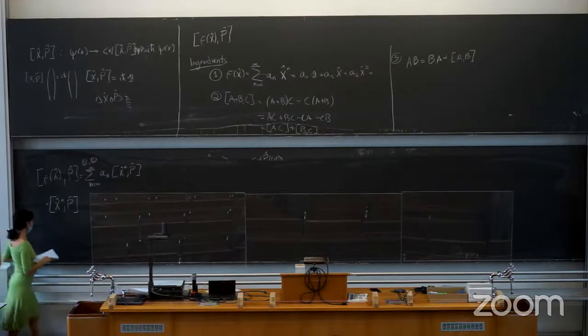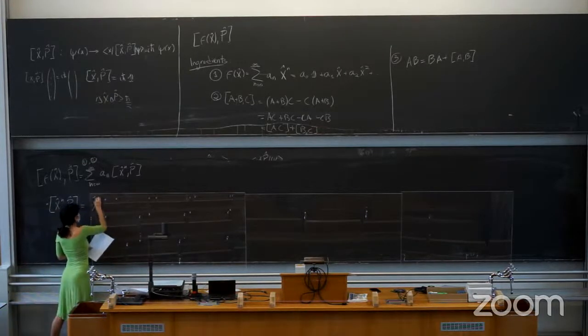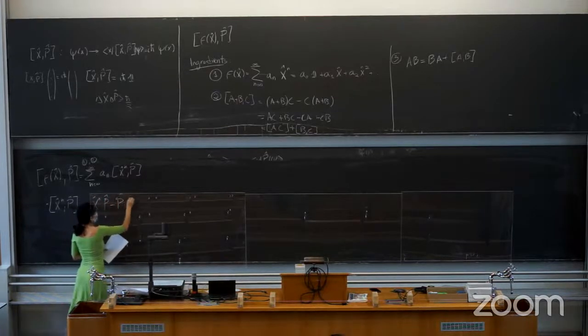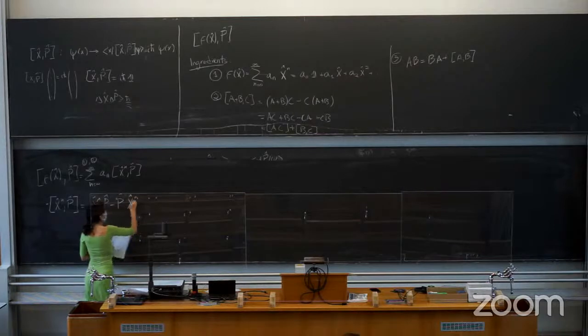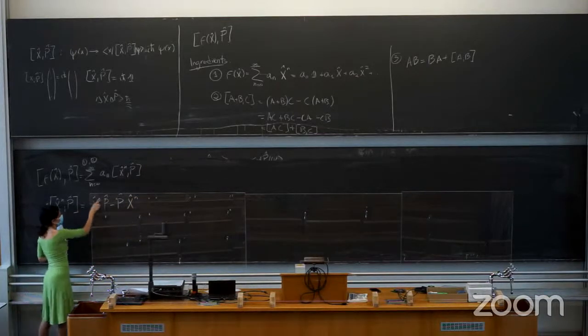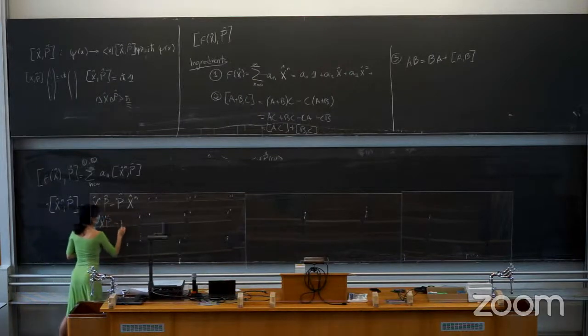Okay, and we'll start now, and we'll see when we have to stop. The trick is we're going to take this first term and bring each of these x's across. So this is like x to n minus 1 times x p, minus p x n.